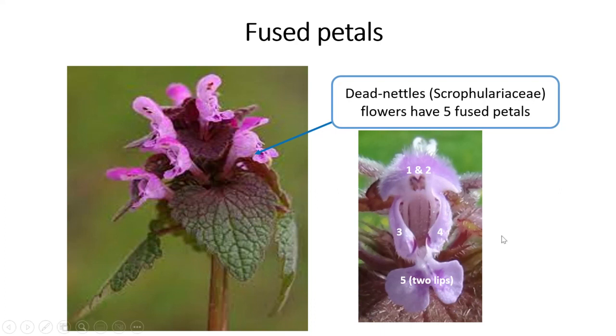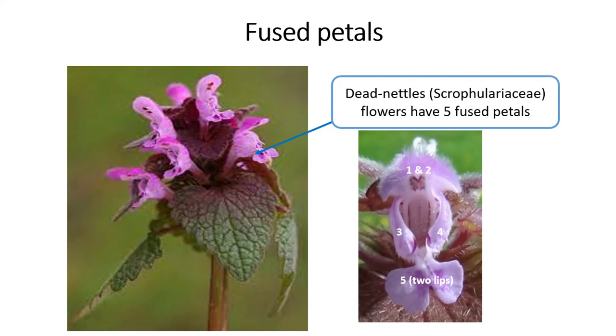So just a close-up here on the right-hand side, the top or the hood of the flower has 2 petals that are joined together. The 2 side petals are also joined to the main body of the flower, but they look slightly freer. And then the bottom petal is 1 petal, but it's kind of notched into 2 lips.